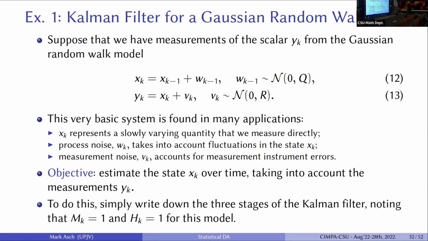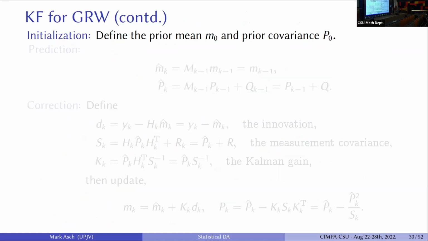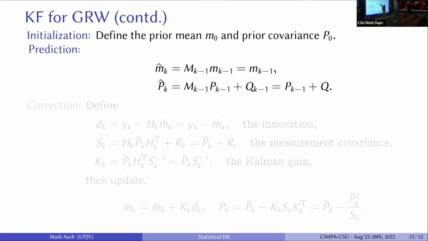So all I have to do is write down the three stages of the Kalman filter: initialization, prediction, and correction. It's very easy. I showed you the five equations; you just take those five equations and write them down. The initialization is just m_0 and P_0. For the prediction, you remember m_k hat equals capital M times m_{k-1}, but capital M equals 1, so m_k hat is just m_{k-1}.